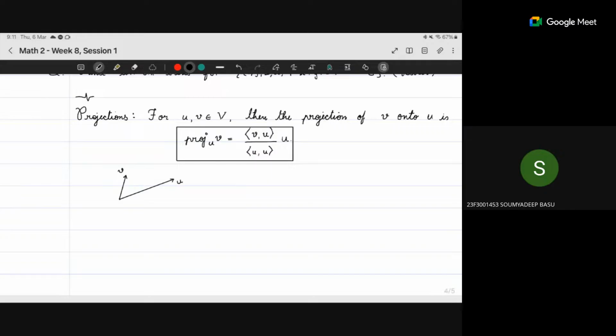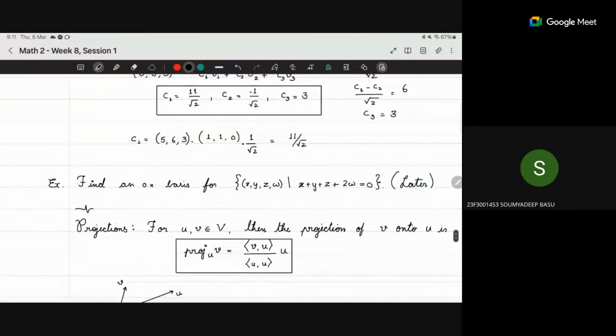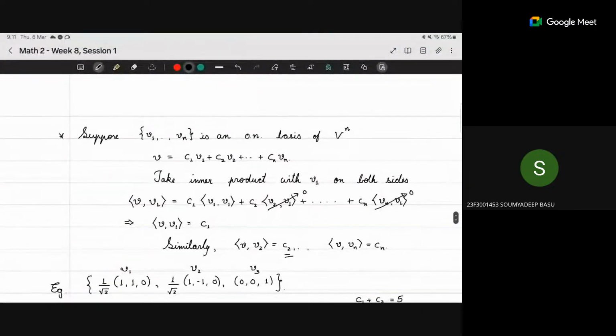Sir, we know that these results are true if the inner product is the standard dot product, but is it also true for any inner product? This is a definition which holds in any inner product space.